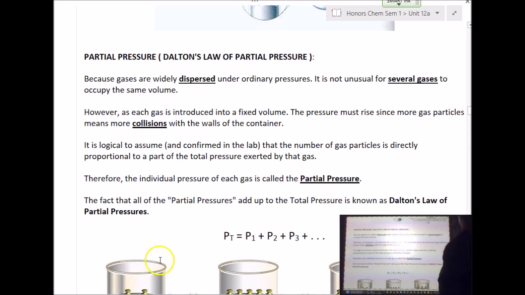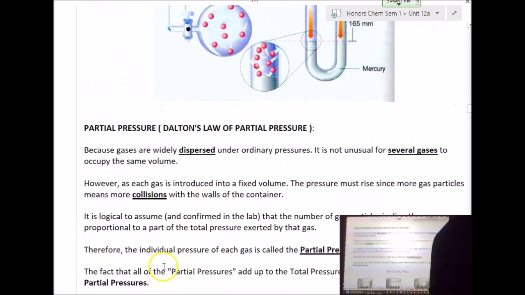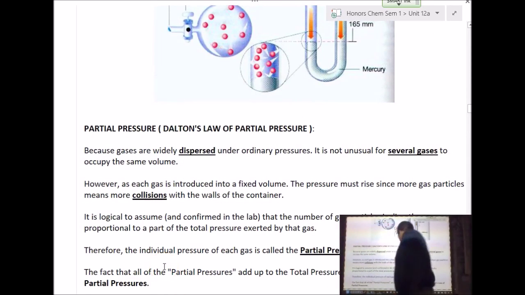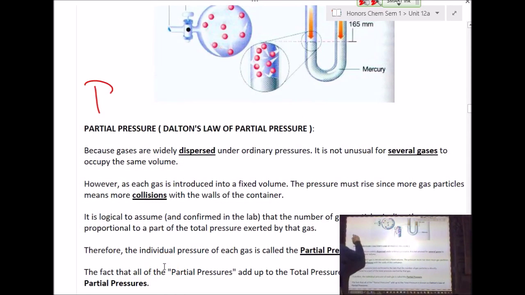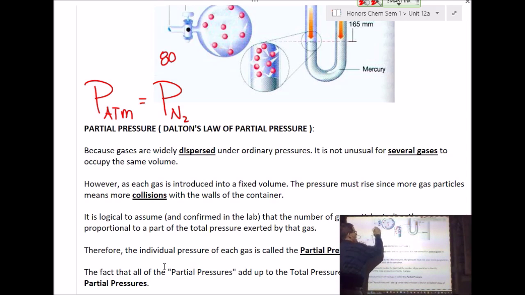Here's an example. Let me scroll down a little so we have some room to draw. In the atmosphere, the big P represents pressure. If I have atmospheric pressure, what we're experiencing right now, there are three major components of gas. What's the most abundant thing in the air? Nitrogen, very good, around 80%.